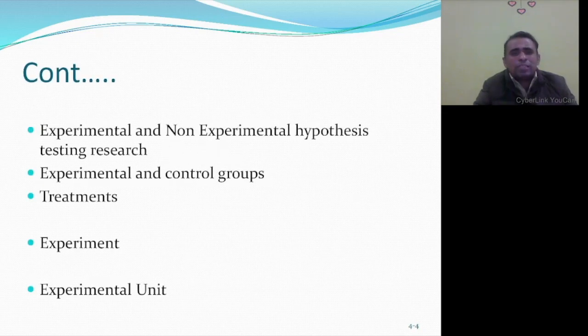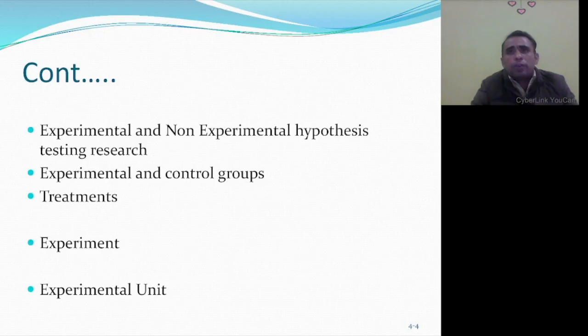So next one is treatments. The different conditions under which experimental and control groups are put are usually referred to as treatments. In this example, the two treatments are the usual studies program and the special studies program.